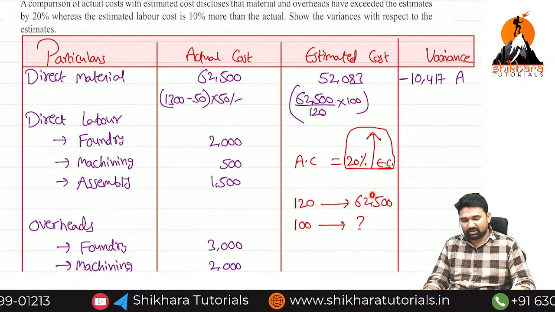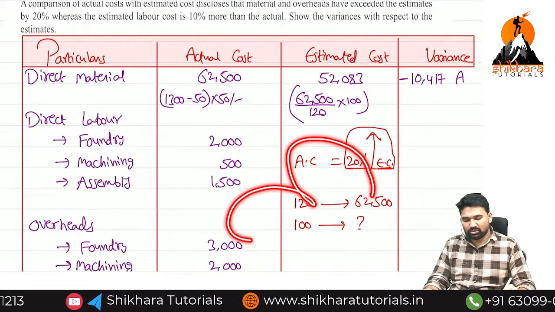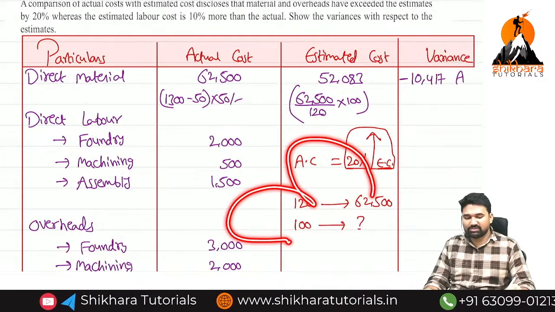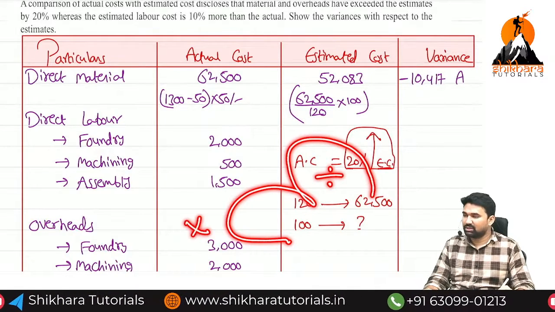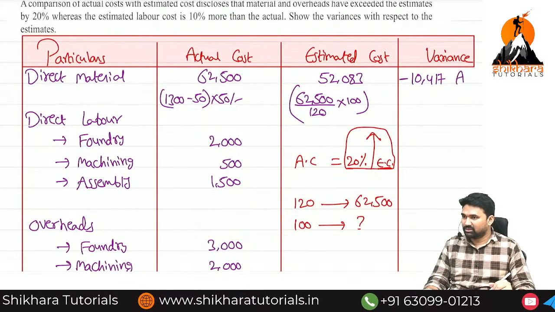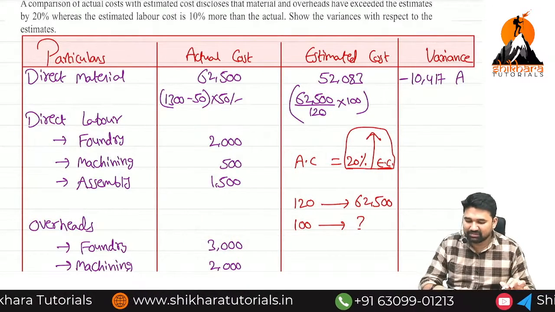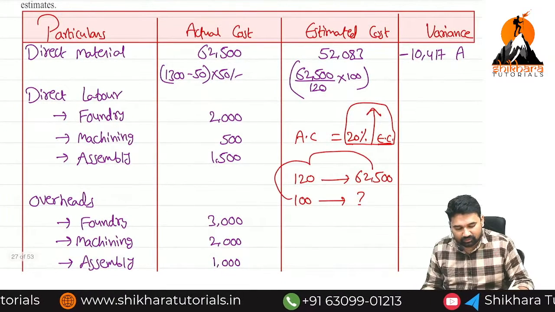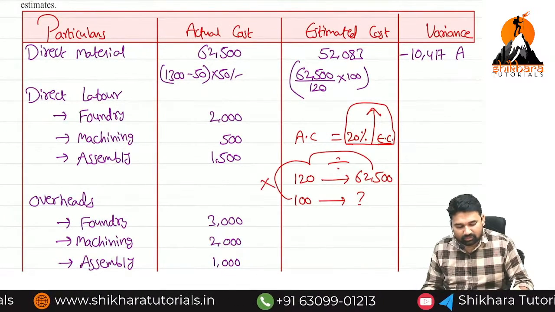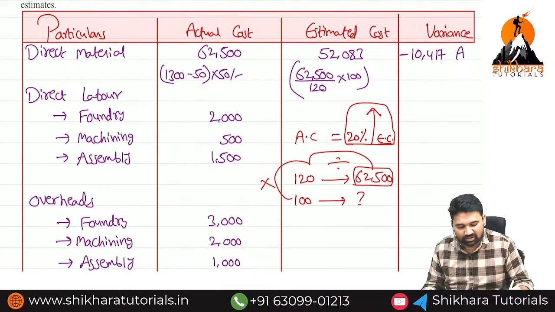Once again, 1, 2, 3. What is the relation between 1 and 2? What is the relation between 2 and 3? Multiplication. If we do the same, answer will arrive or not, we'll calculate. What is this? 62,500.